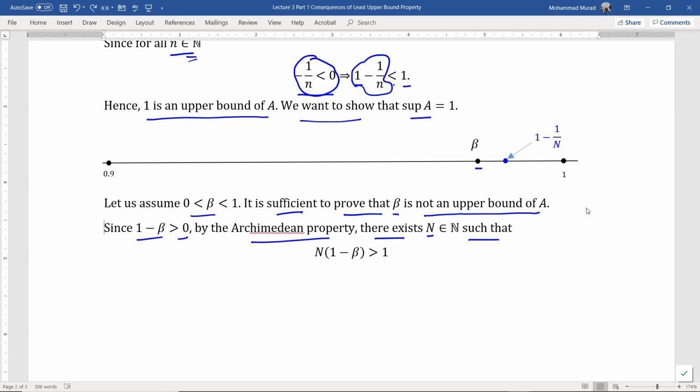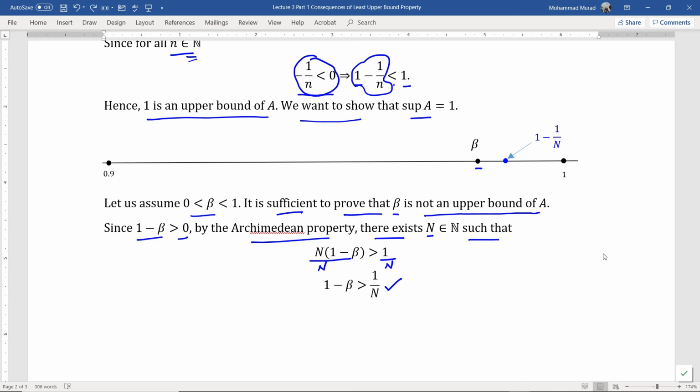Here, we are considering the quantity 1 minus beta as x and the quantity 1 as y, as in the Archimedean property. Now, dividing this inequality by n, we obtain 1 minus beta is larger than 1 over n.